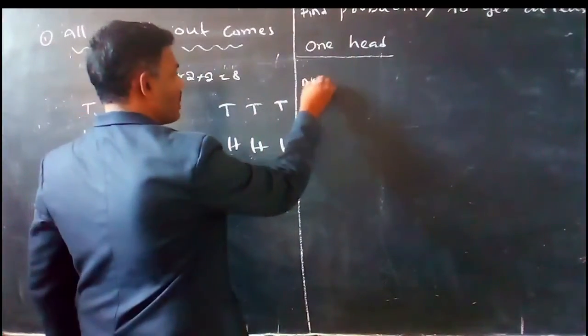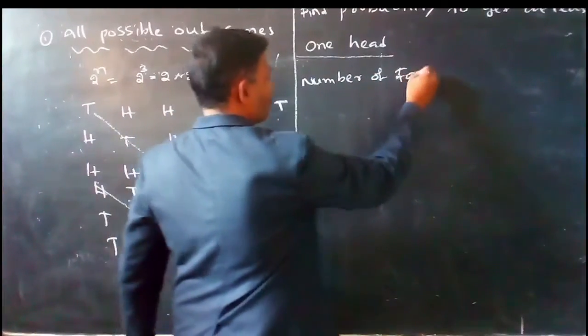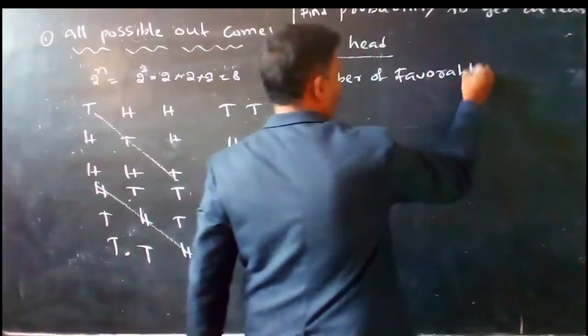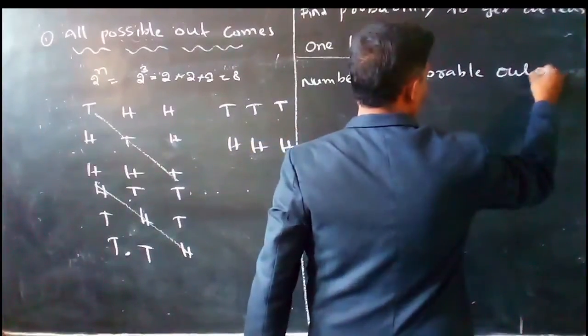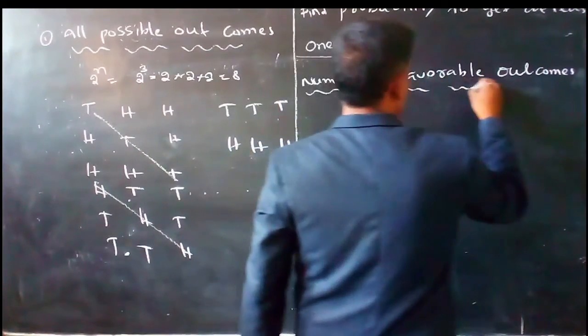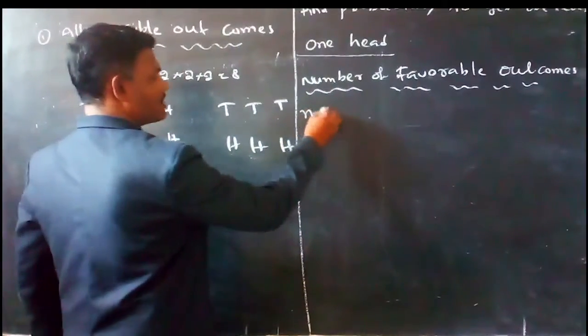First, number of favorable outcomes. Number of favorable outcomes, that is N of E is equal.